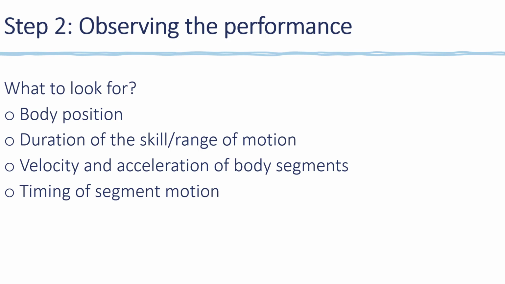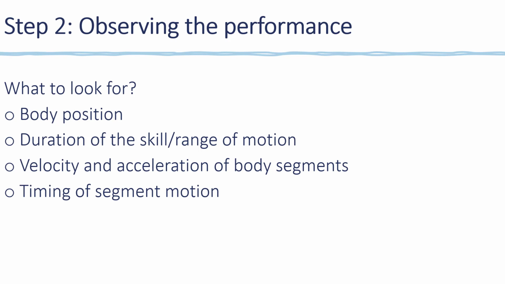So, like I said, generally you'll have to view several performances or several replays of the recorded performance. So, during the first trial, you want to get a general view of how the athlete is performing. And then during subsequent trials, the movements or the actions that you previously identified as characteristics of the most effective technique should guide your observation.